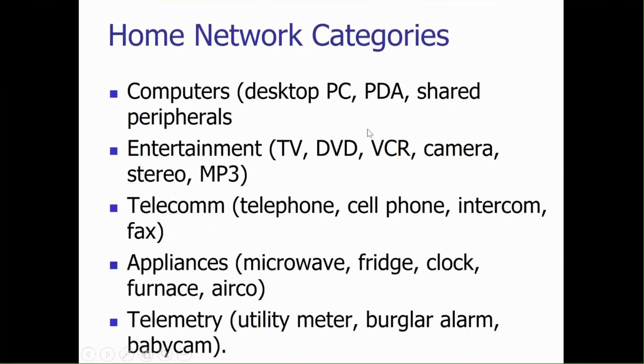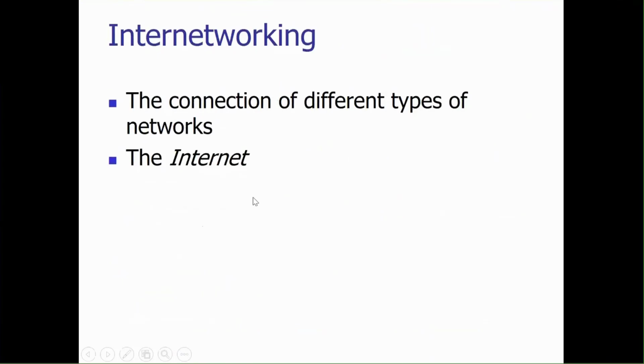So you could have a home network connectivity as well, like a smart system, entertainment system, telecommunication, appliances. So all these are common things that you could have in your house, okay? So we could connect these together.